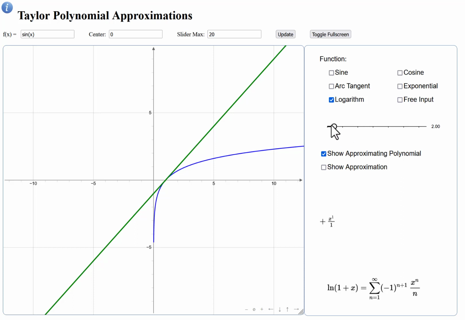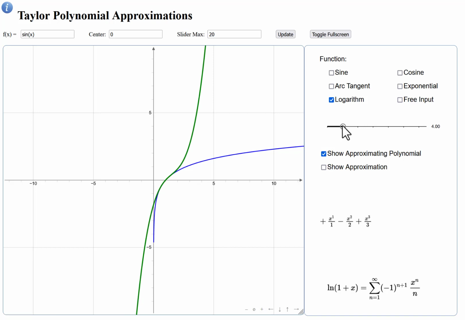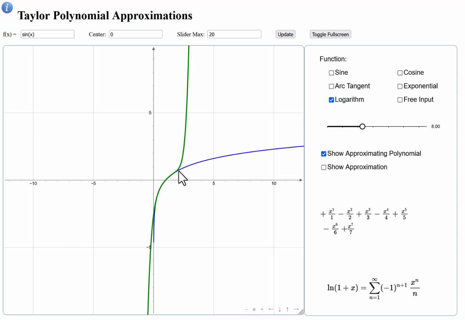If we go to the next term, then we get a quadratic, and this quadratic does a slightly better job, so it converges for a few more values. If we continue to add polynomial terms, we get better and better approximations, but it doesn't look like those approximations go much further beyond a small range, and that range is what we came up with.